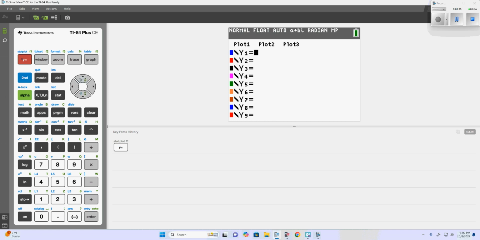The first thing we want to type is x squared. To type our x, we're going to hit the button next to alpha, the one with x, t, theta, n. So we have x. Then we need squared.